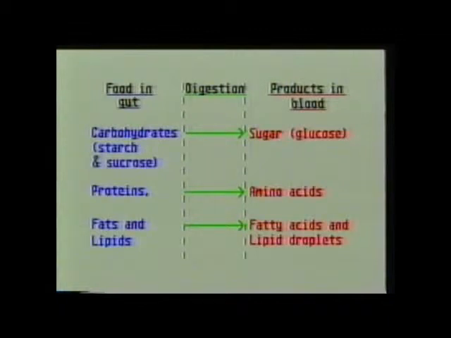Fatty acids and lipids are the products of digestion of fat in the food. All these substances are transported in the blood plasma to regions of the body where they are required as building blocks for complex molecules and structures.